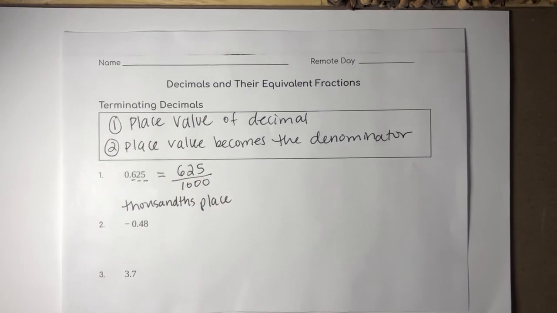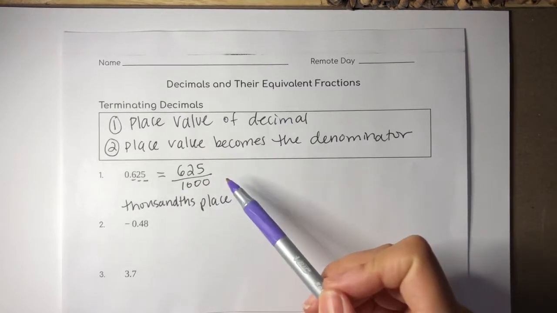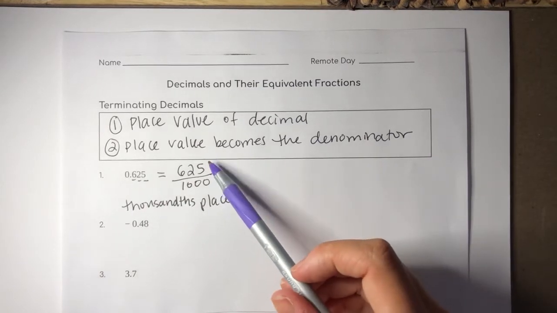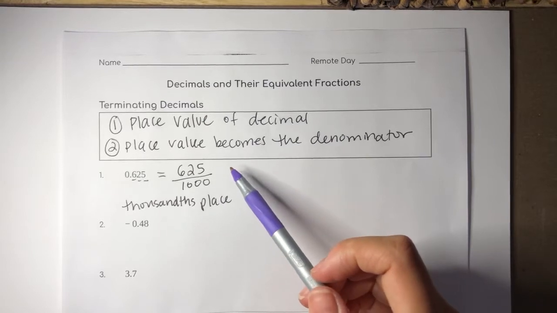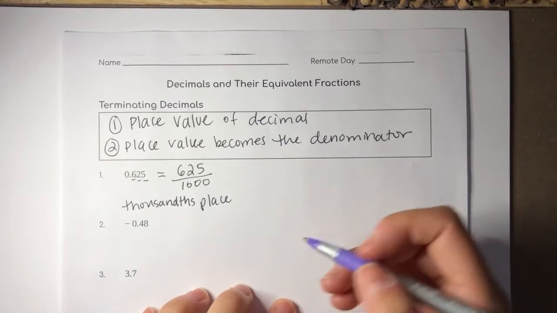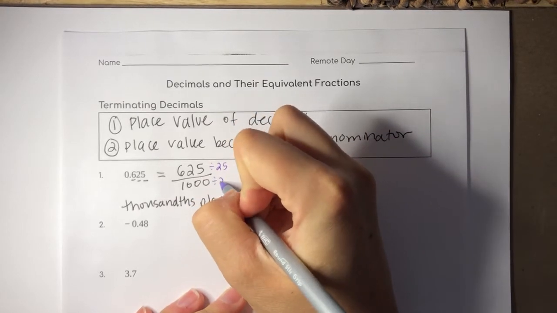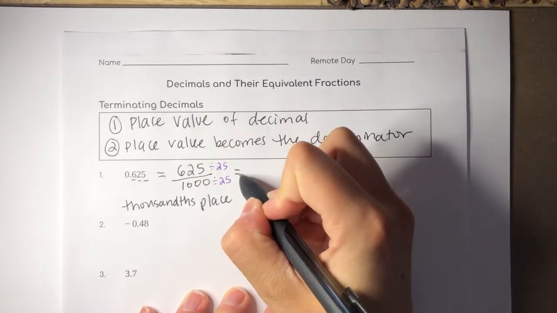And so I'm going to simplify to find it. So I will think, is there a number that goes into the top and the bottom of this fraction? My first guess is 5, because they both end in 5 or 0. But I actually know that 25 goes into both of these numbers, so I'm going to guess 25. I'm going to divide top and bottom by 25 to simplify this fraction down.